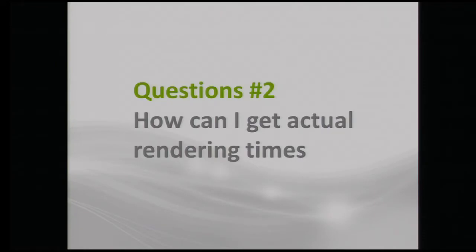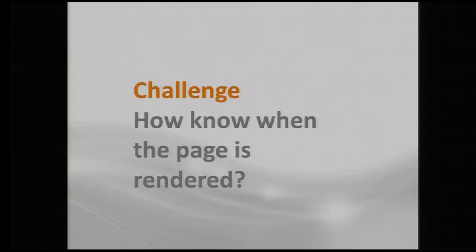Problem number 2, how can I get actual rendering times? Getting times like onload and so on is really nice. But what I really want to figure out is when was the page really drawn? When did the user actually see the page? There was a lot of debate on this also in the development tools phase and synthetic monitoring phase, how to really know when the page is rendered, when every content is there.